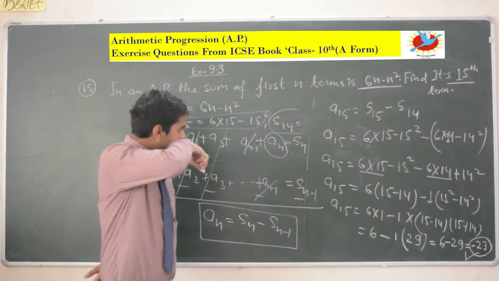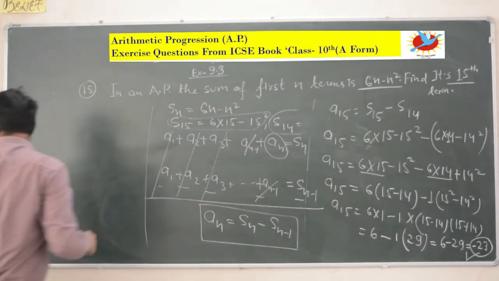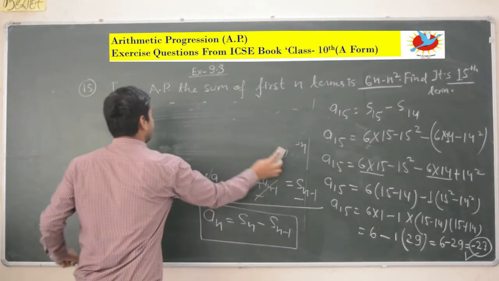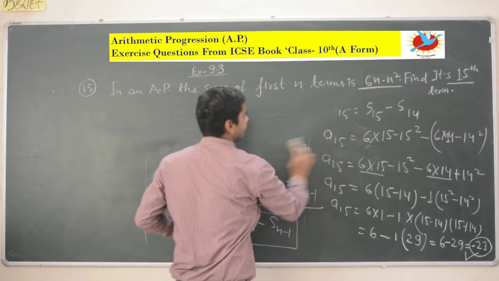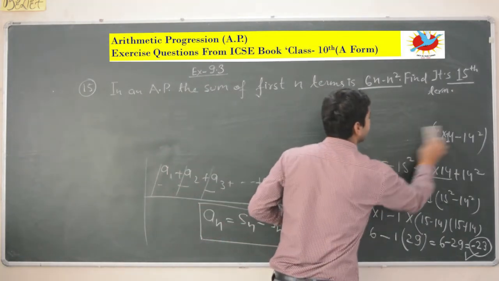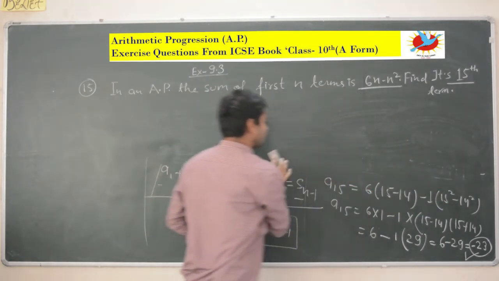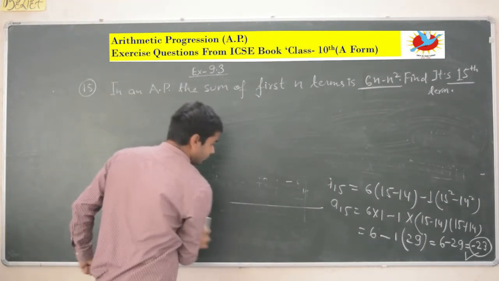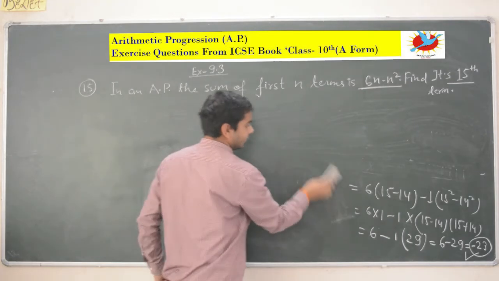We solved it by the first method, and the second method is we can take the sum of n and put the value of n as 1. So we will get the value of S1, and that S1 will be equal to A1. If we add the first term of an AP, we will get the first term.